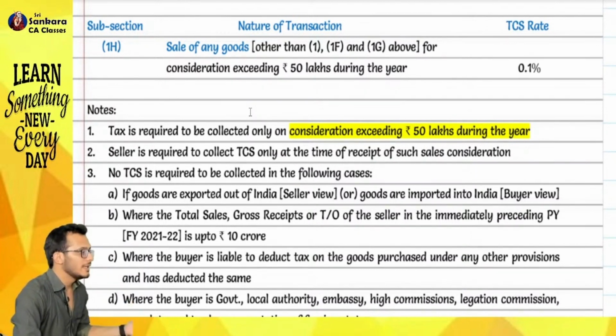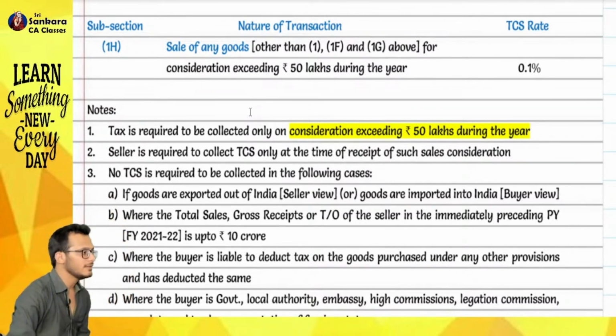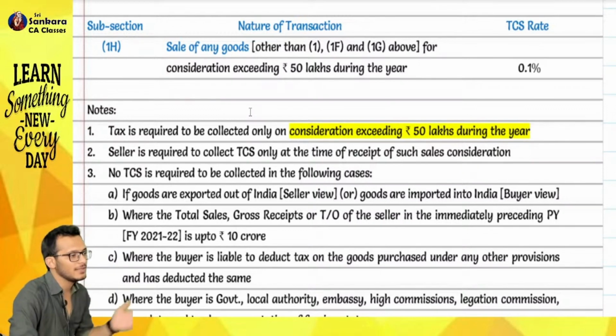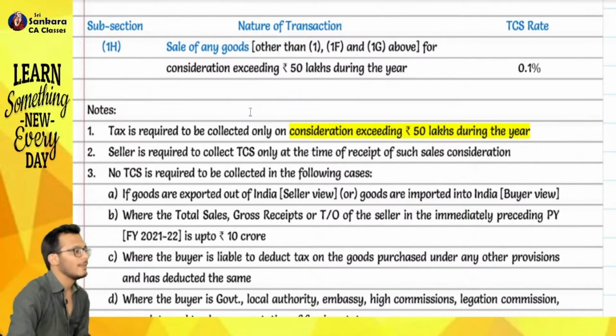If both TDS and TCS are applicable, you will do TDS, not TCS. So what is the scenario when TCS will apply then? Simple: when the buyer's turnover is less than 10 crores, but the seller's turnover is more than 10 crores. In that case, only TCS will apply.